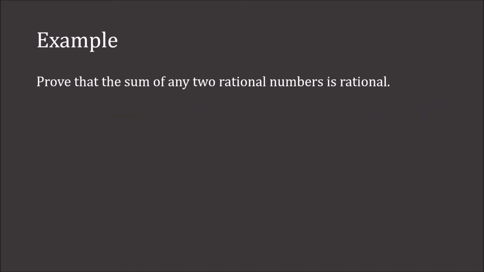Let's now prove that the sum of any two rational numbers is rational. So let R and S be rational numbers. What we now want to show is that R plus S is rational.